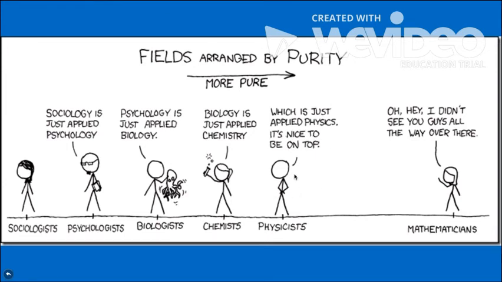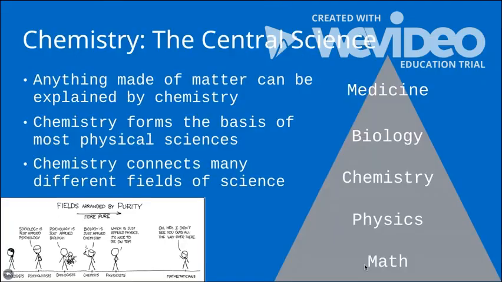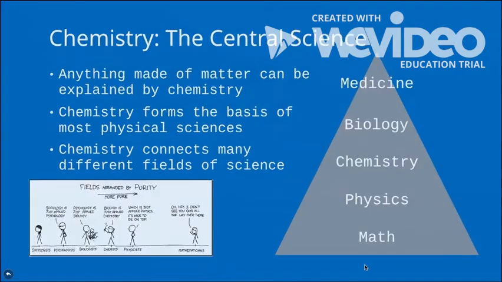So we can see that again, physics forms the basis of chemistry, and we know that physics can all be explained by math. All right, so it's because of this principle that chemistry can study anything that is made of matter. We can use that principle to connect a lot of different fields of science.